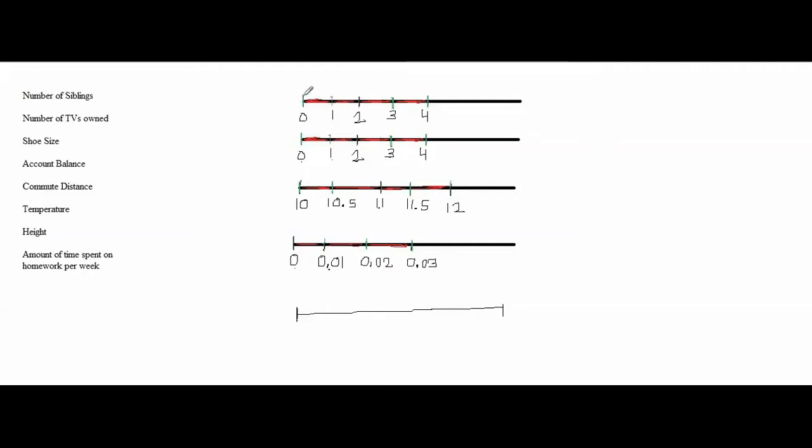So up here, I marked off every part of the number line that was a possible value in green. The reason why this was green is because a value can fall here on the number line, and the reason why this was green is because a value can fall here. In each of these last four examples, which are the continuous variables, everything between the lowest possible value and the highest possible value is green, because really a value can fall anywhere on the number line.